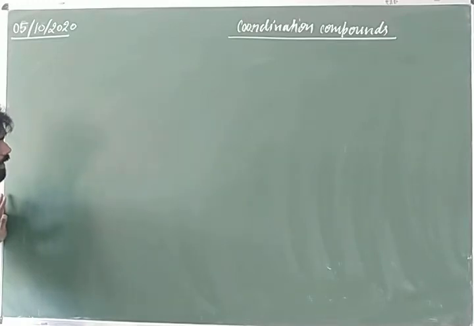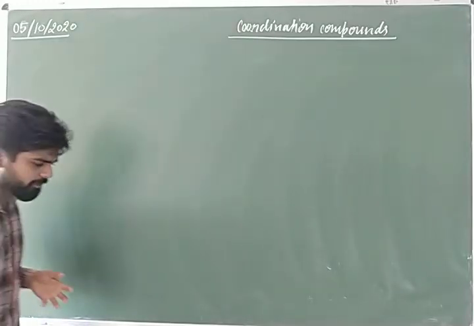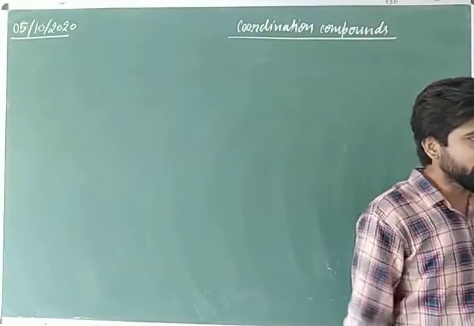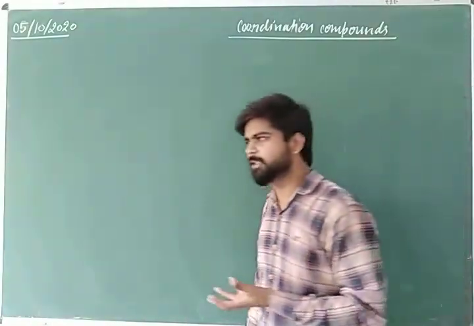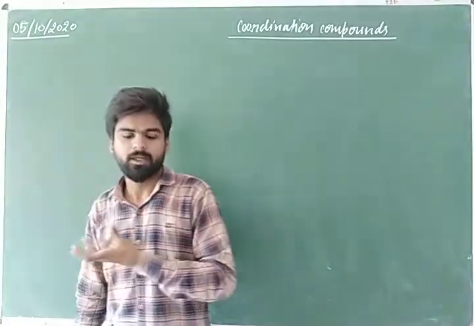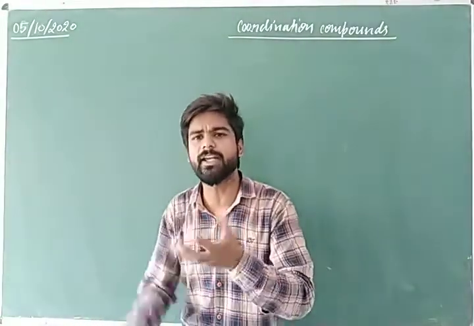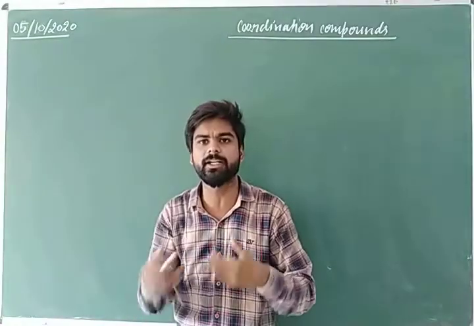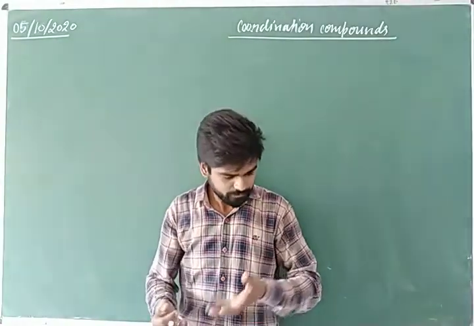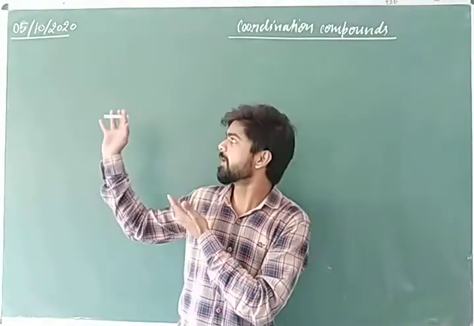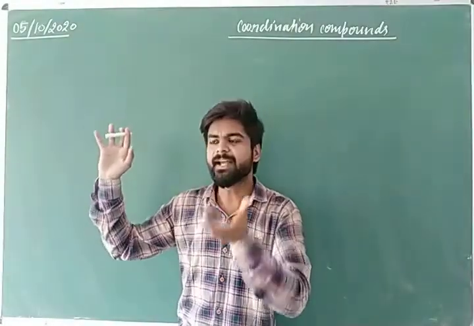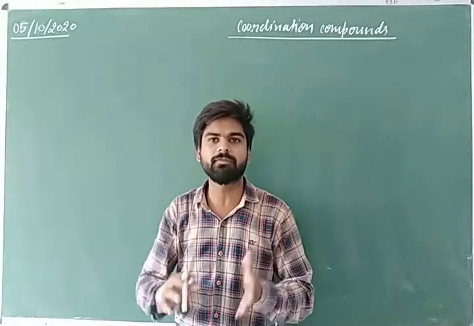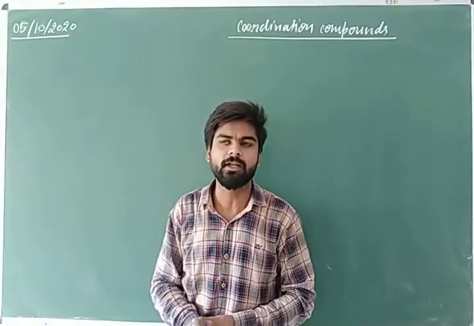So students, today we are going to find out how we can calculate things if I give any coordination compound. Suppose I give a coordination compound and ask you to find the magnetic moment, hybridization, geometry, and magnetism of the compound.